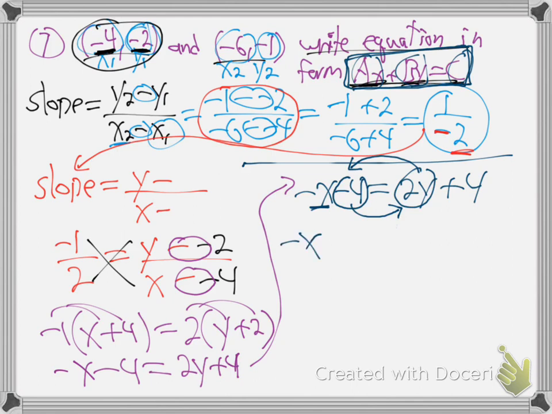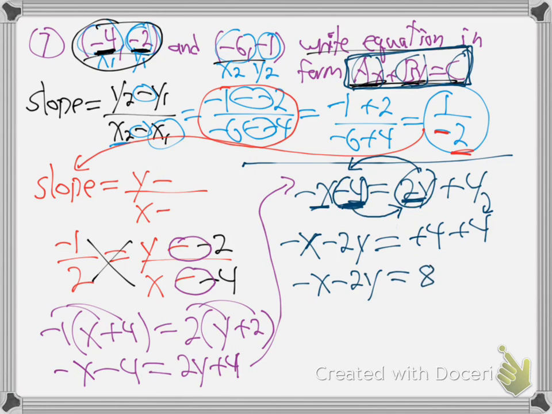So it becomes negative x minus 2y. See how that regular 2y jumped over and became minus? And then the minus 4 is going to jump over and become a plus 4, and then there's already the other plus 4 that's already there. So that minus 4 jumped over and became a plus 4. Okay, and so what does that give us? Minus x minus 2y is 8.